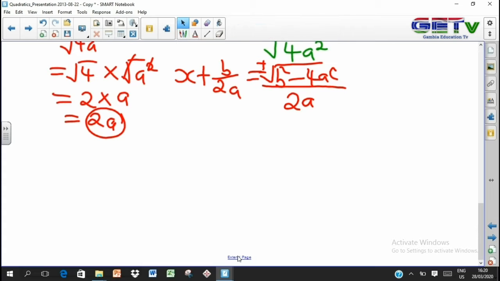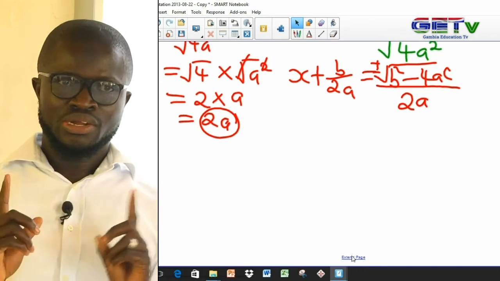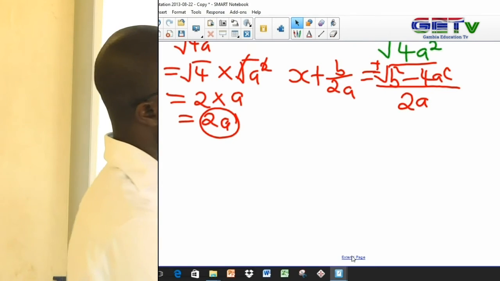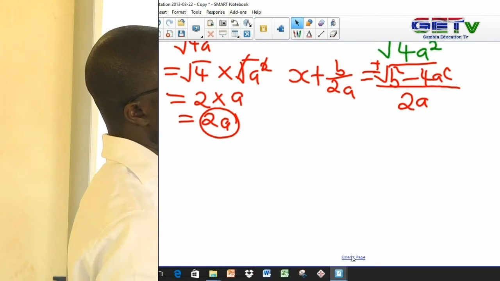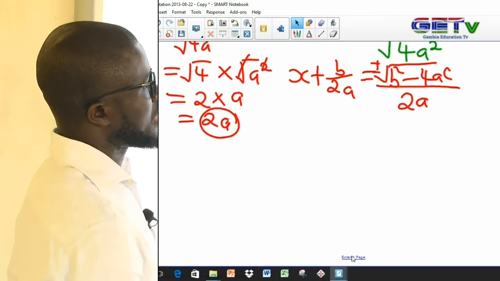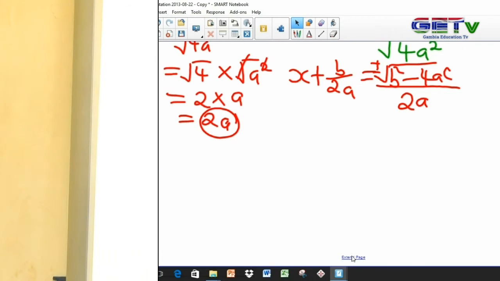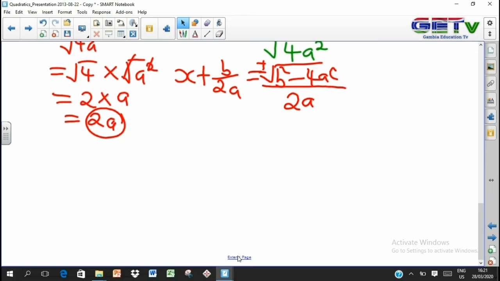Now, since we are able to get that, are we stopping there as the answer? No. We still have something to do to help us get the answer completed. If you look at what is on the left-hand side, we have a letter, which is x, with another component, b over 2a.